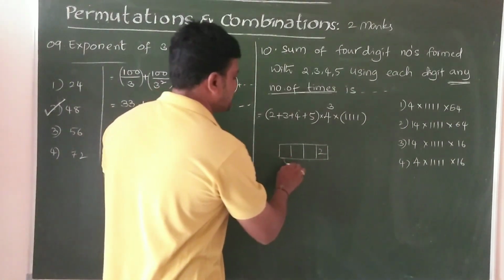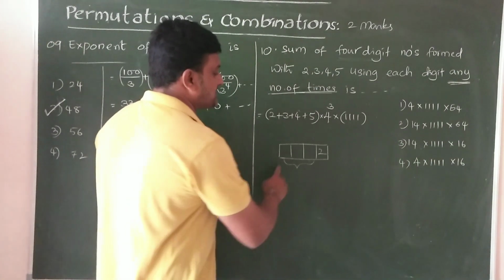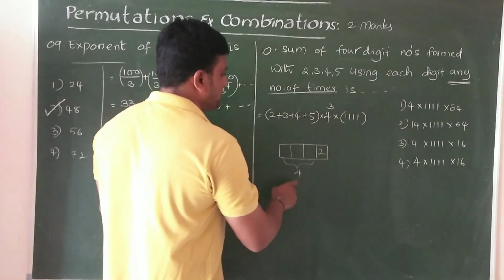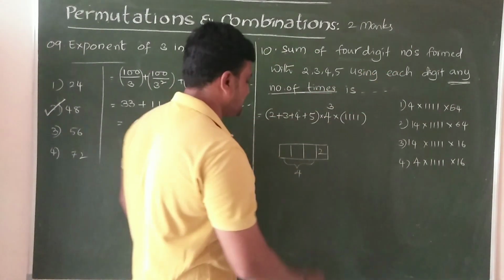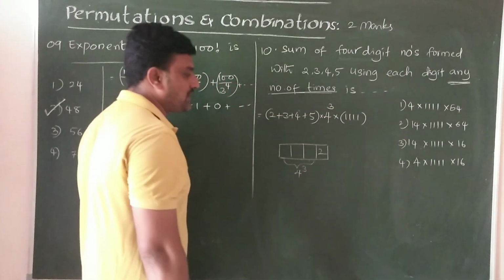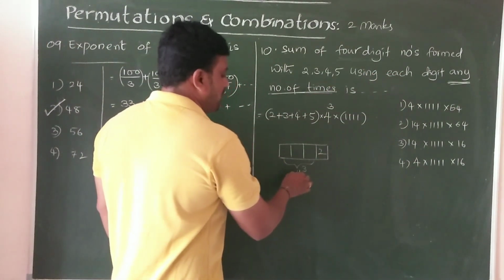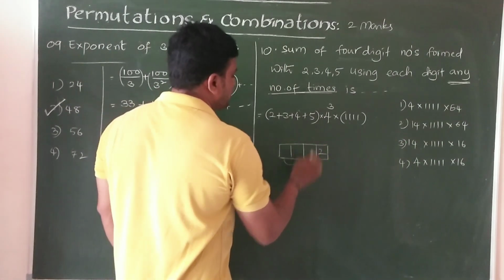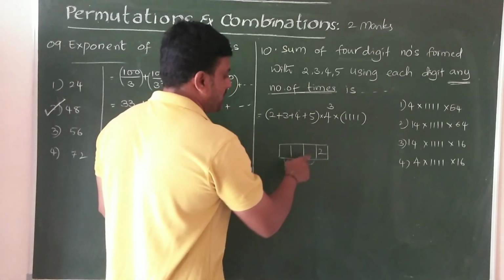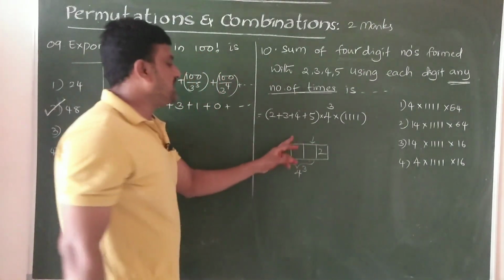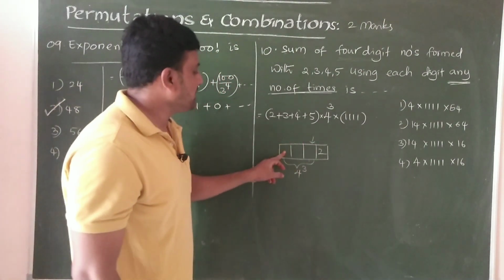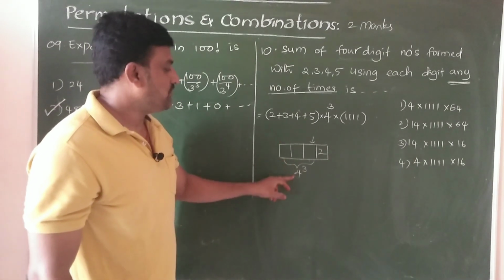In how many ways can the 3 blanks be filled? By 4 ways each, because repetition is allowed any number of times for each digit. 4 power 3. For the unit place 4 power 3. For the 10 place 4 power 3. For the 100 place 4 power 3. For the 1000 place also 4 power 3.